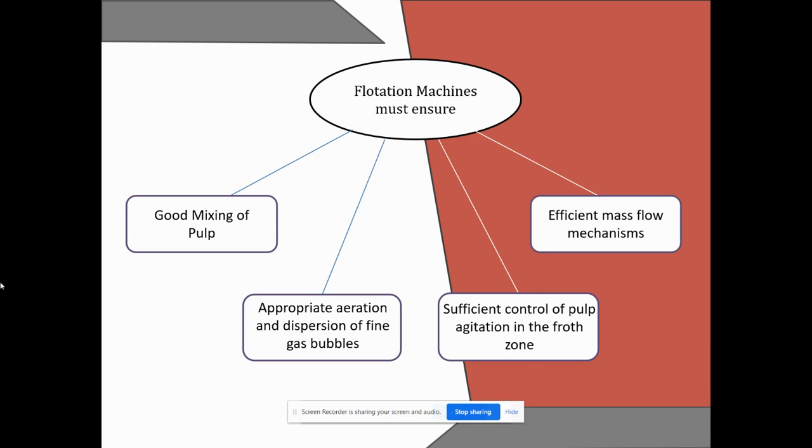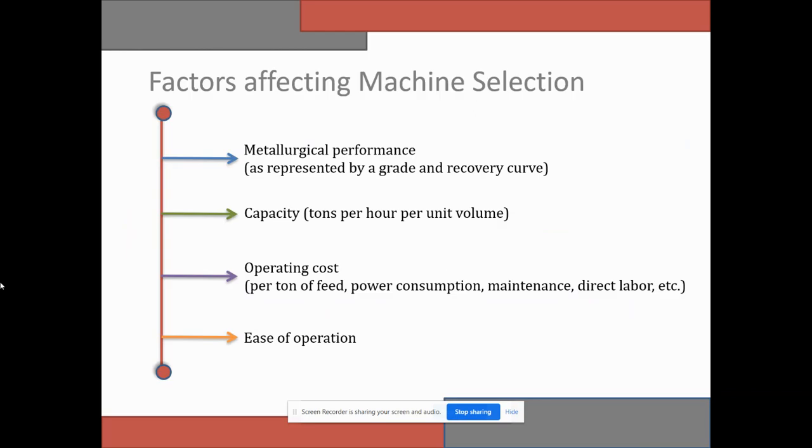Fourth, efficient mass flow mechanisms. Apart from these, appropriate provisions are made for feeding pulp into the machine and also for the efficient transport of froth concentrate and tailing slurry away from the machine. Next slide.